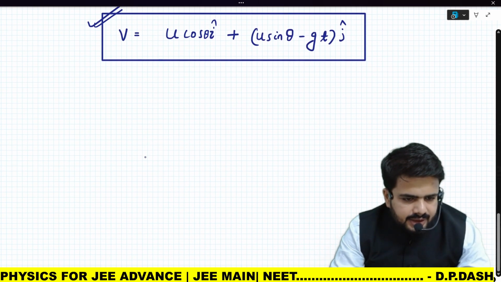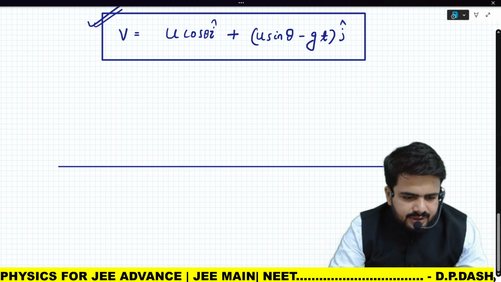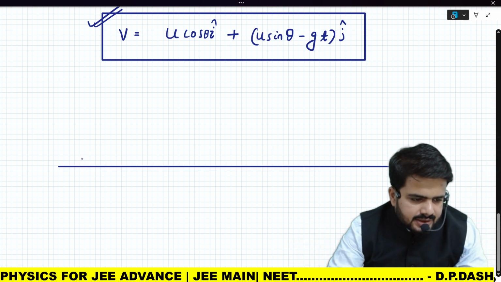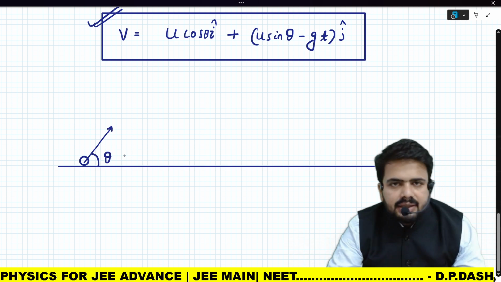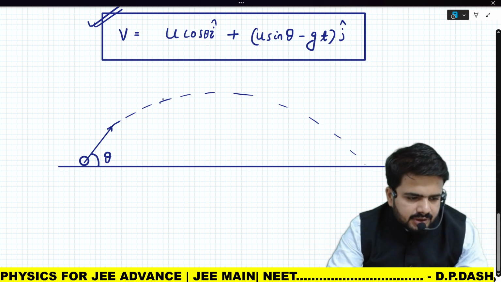At any instant, if you wish to find the angle it makes with the horizontal, suppose I am throwing a projectile at an angle theta. But as the projectile propagates along its path, at this instant, this is the ball, the instantaneous velocity would be along this direction.